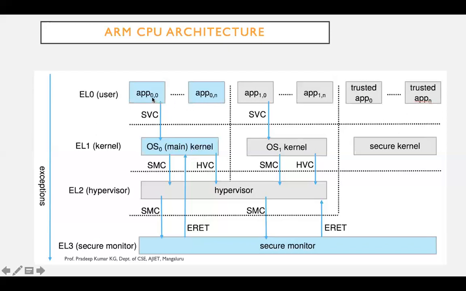The first 0 means the number of applications installed by one particular user. So the first 0 corresponds to the first user, the 0th user with n number of applications. Just follow my cursor along with application 1, second user again with n number of applications, and so on, so that a user can install n number of applications on his or her machine.